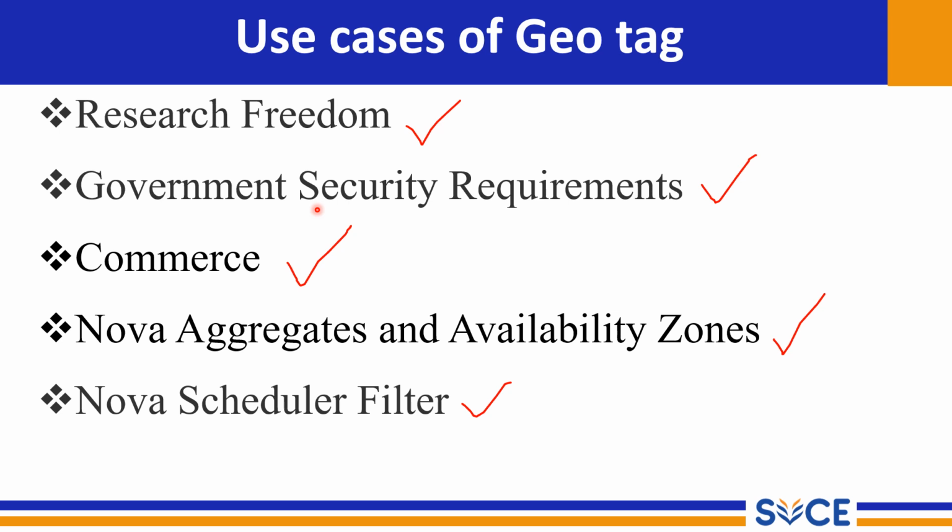And third is commerce. What does commerce mean here? Retailers care for taxation purposes, either to avoid or reduce taxes. Some US states have higher tax rates than others, or even grant special tax benefits, such as hosting sites in export-only zones, and they may want to restrict or enforce where their workloads and data are stored in the cloud.